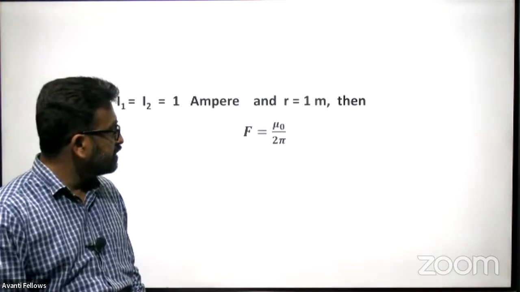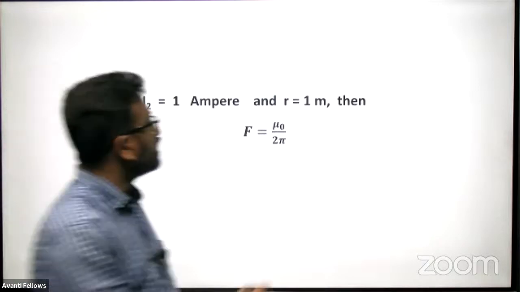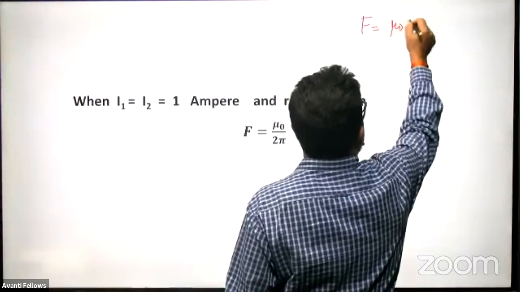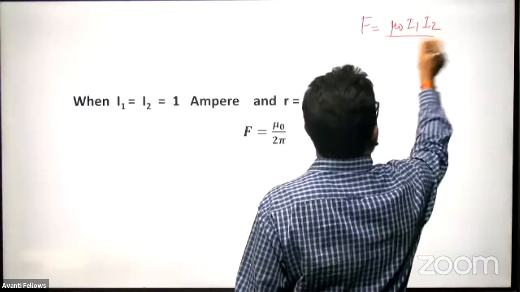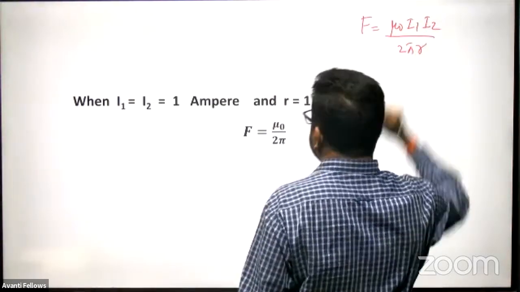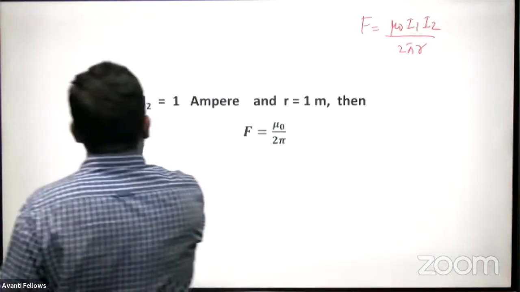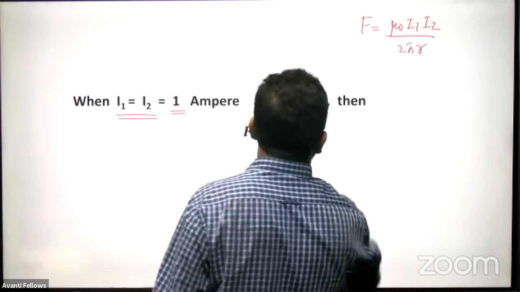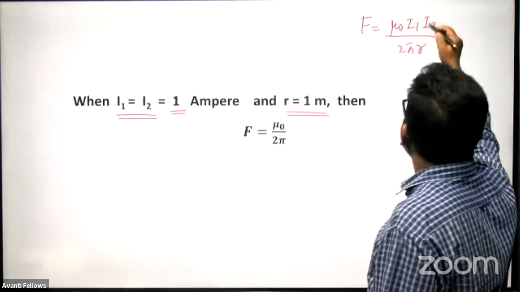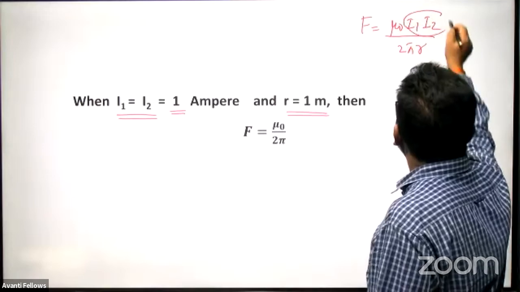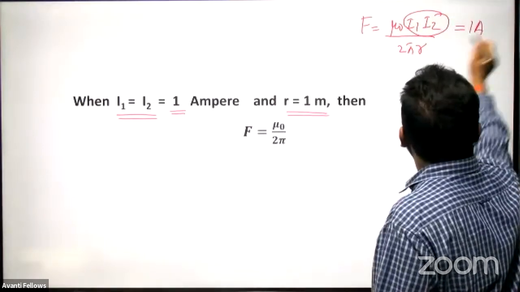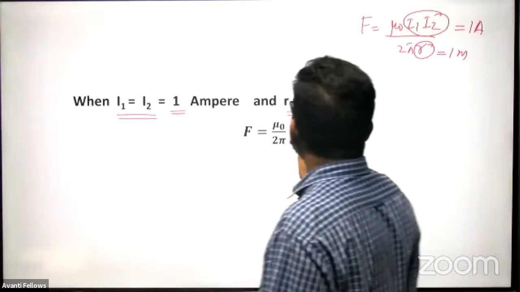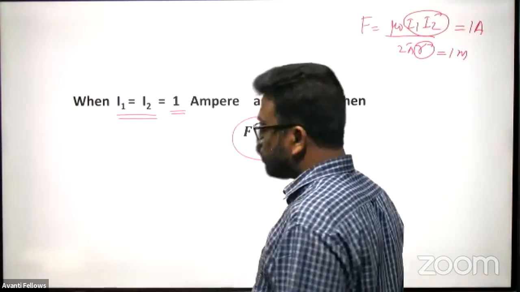And if we take, so the general force equation is F equals mu 0 I1 I2 by 2 pi R. If we take I1 equals I2 equals 1 ampere and R is equal to 1 meter, then the equation reduces to F equals mu 0 by 2 pi.